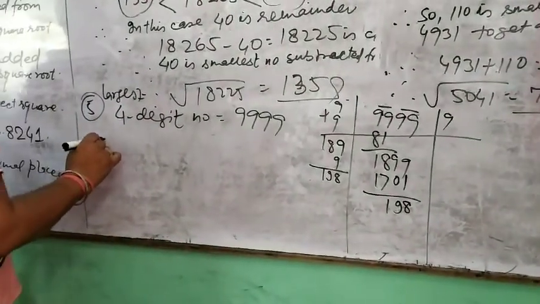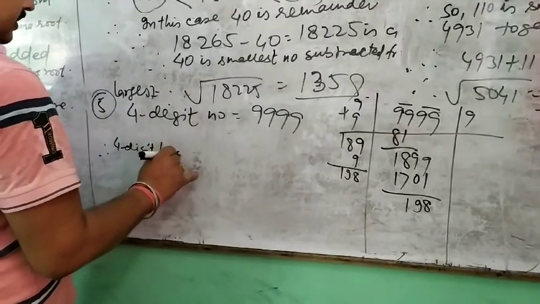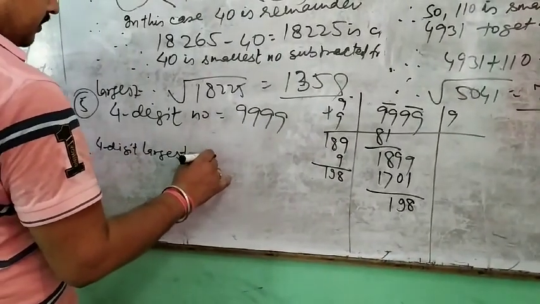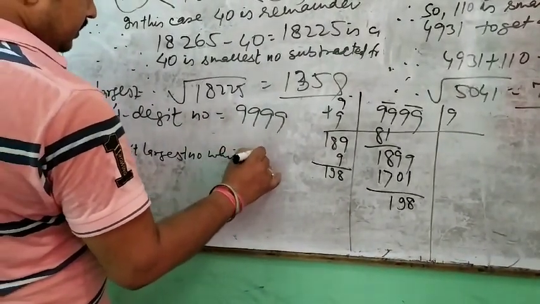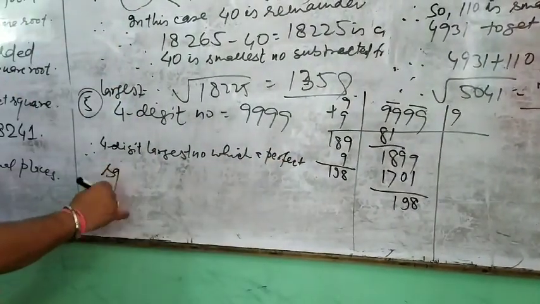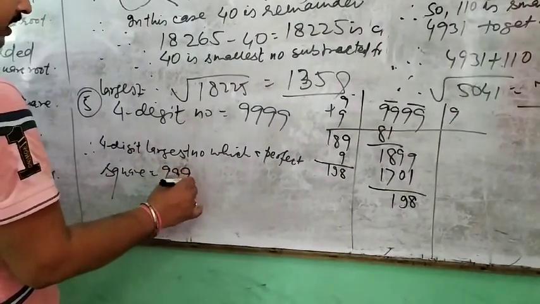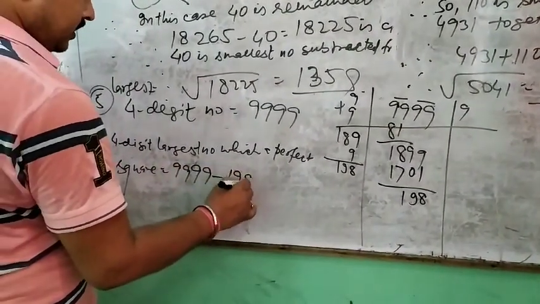So the largest 4-digit number which is a perfect square is equal to 9999 minus 198.